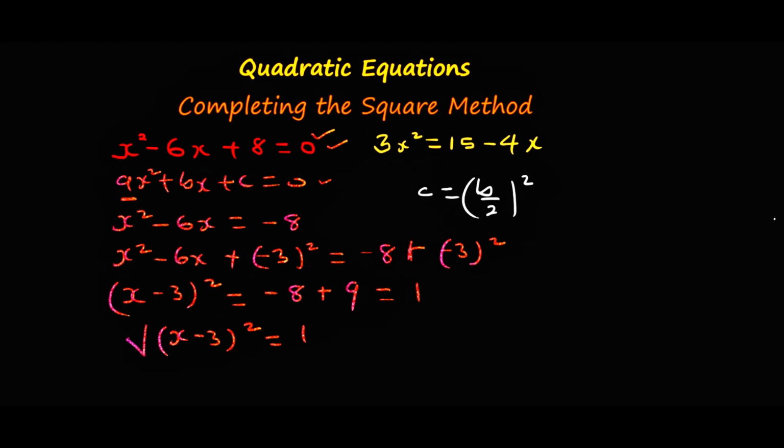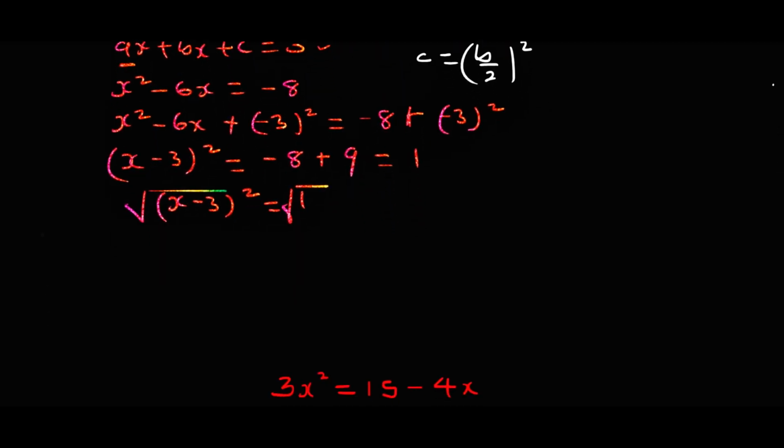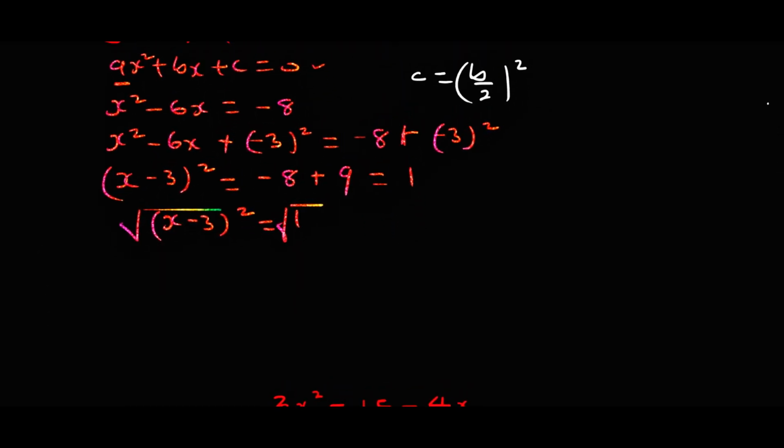So the next thing would be to get the square root of both sides of this equation. So if we do that, we're going to have x minus 3 is equal to plus or minus 1. So there are two values of x here. The first one is when we take the positive side of the right hand side.